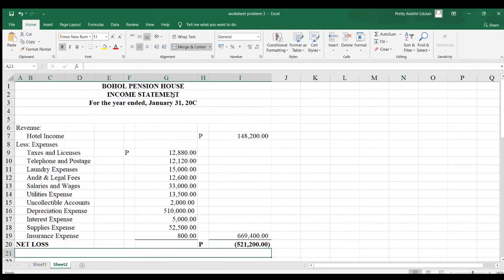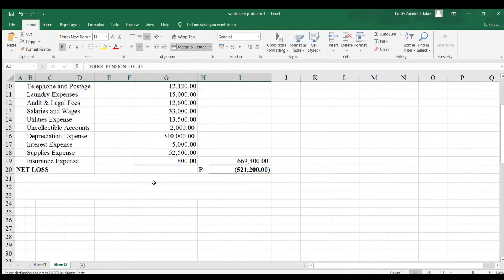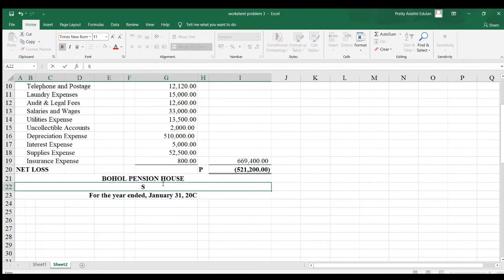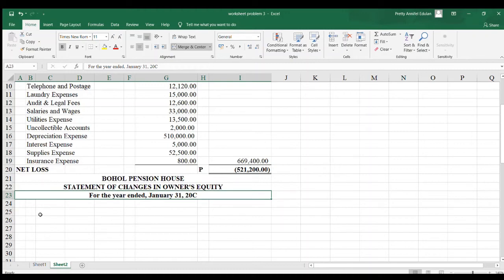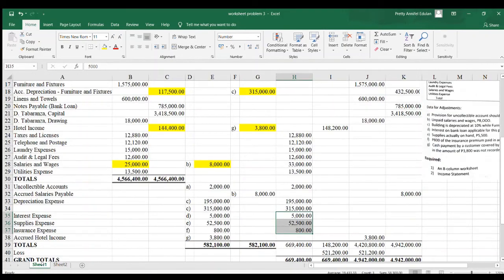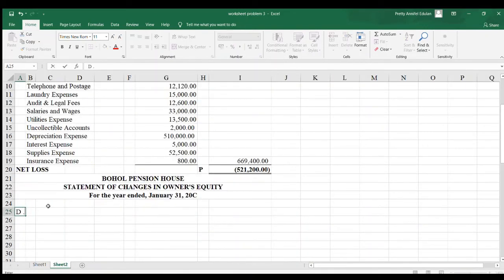So next would be the statement of changes in owner's equity. So we start with the name of the capital. Who is this? That's Sir Tabaransa. Tabaransa capital, beginning. Double N or one N?